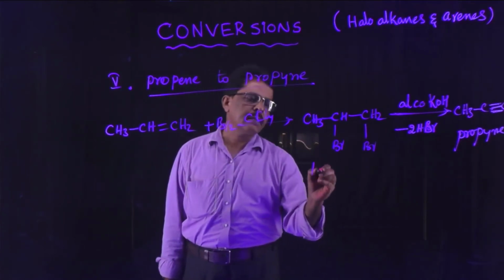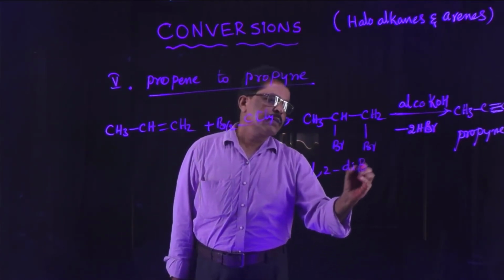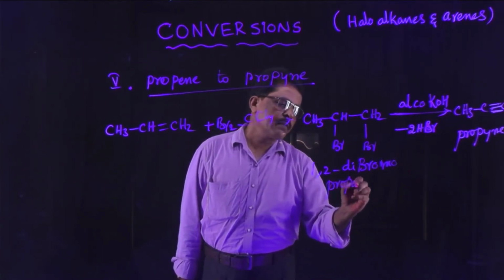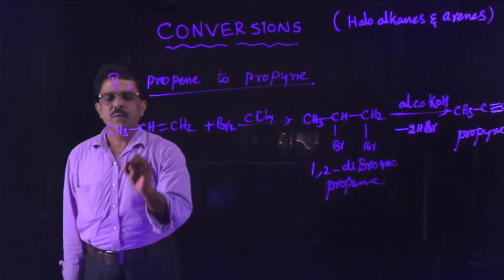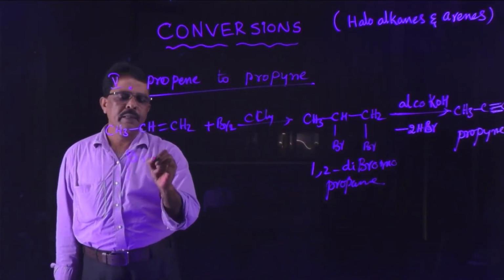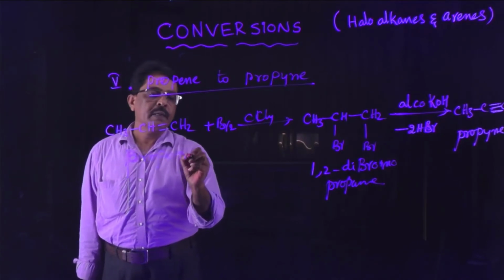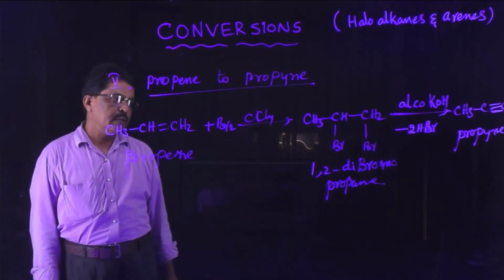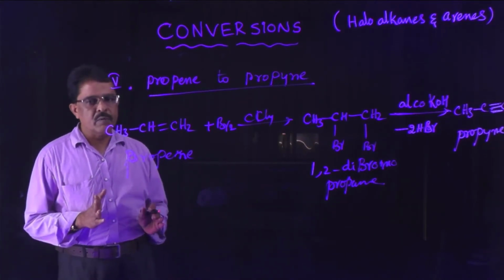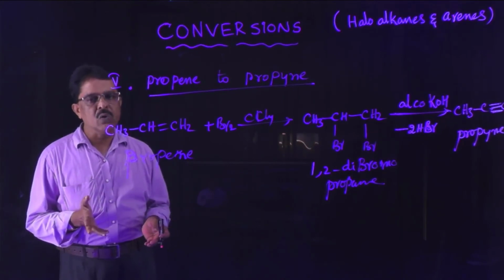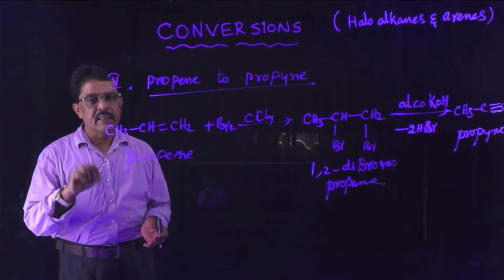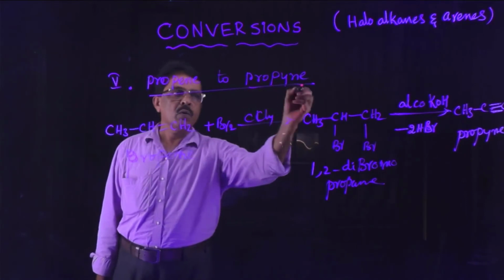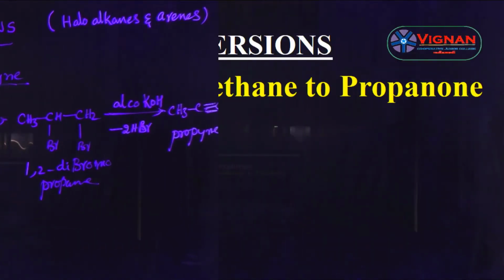Then you will get 1,2-dibromopropane. Propene reacts with bromine in the presence of CCl4, and you will get 1,2-dibromopropane. This 1,2-dibromopropane is again heated with alcoholic KOH, which is used as a dehydrohalogenating reagent. Then we will get the desired product, propyne. Right, understand this conversion?